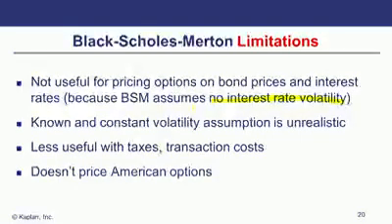Again, we have seen the binomial interest rate tree model, and that is what we need to use if we want to value anything to do with bonds, calls on bonds, puts on bonds, etc. Secondly, the constant vol assumption. How realistic is that?